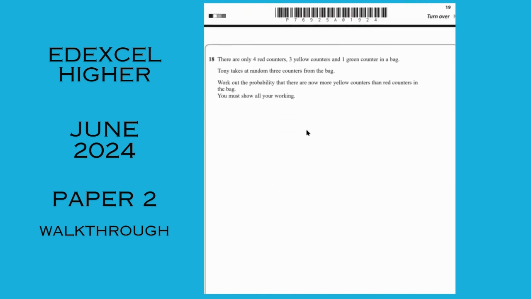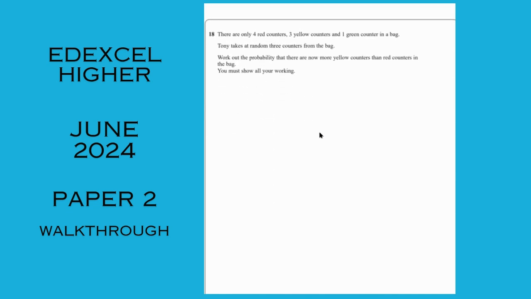Number 18. Now you could start the process of doing a probability tree. I wouldn't, because there's 3 possibilities. You can't take more than one green counter. There's just so many things. It's one of those listing questions. So make a list.